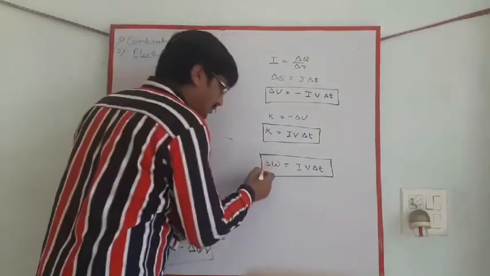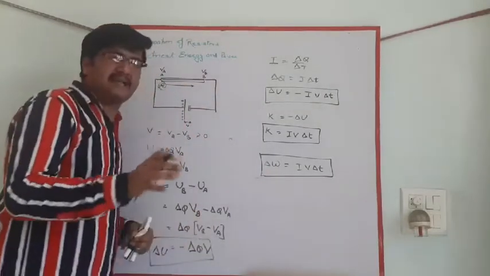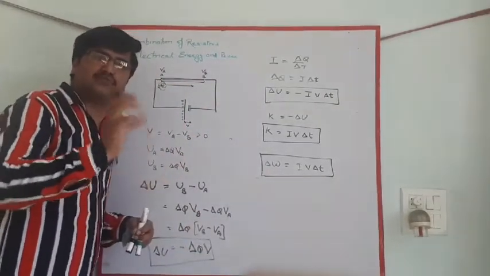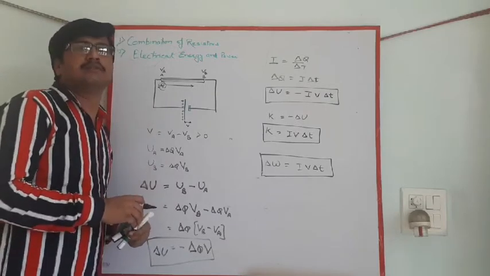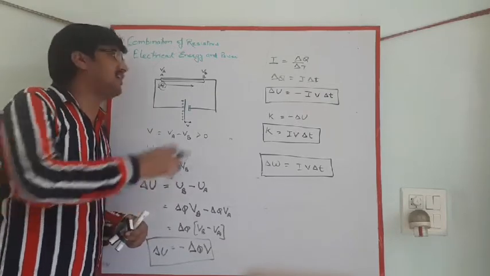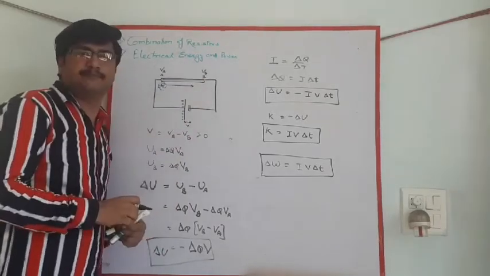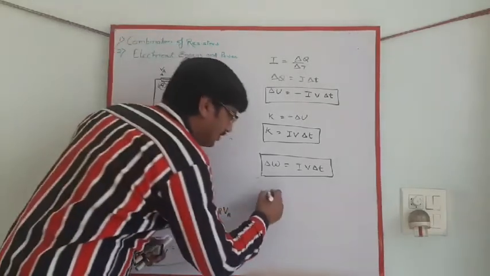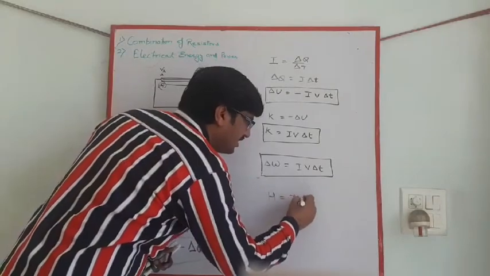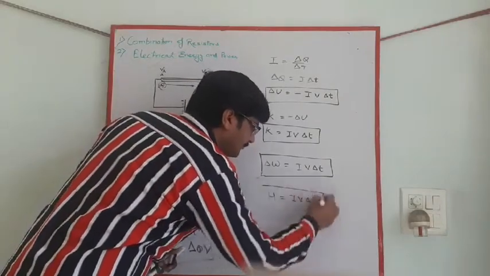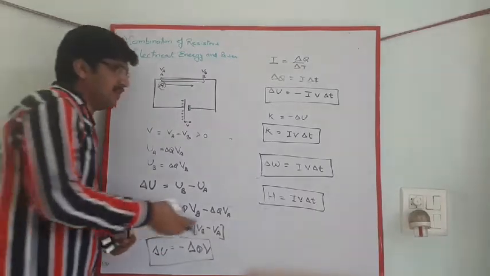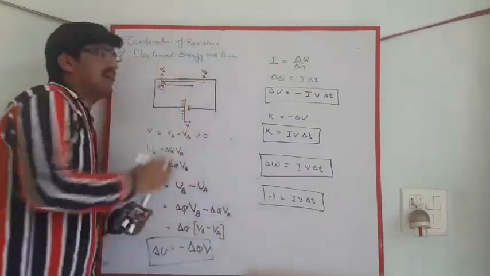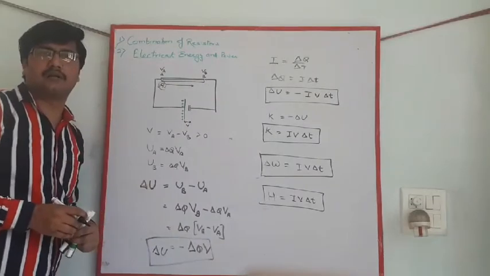And this work done, when it acts on the immobile ions, makes them vibrate, and due to vibration they produce heat, and the conductors start getting heated up. The amount of heat will be equal to H is equal to IV delta t. This will be the amount of heat produced when the current flows through the conductor.